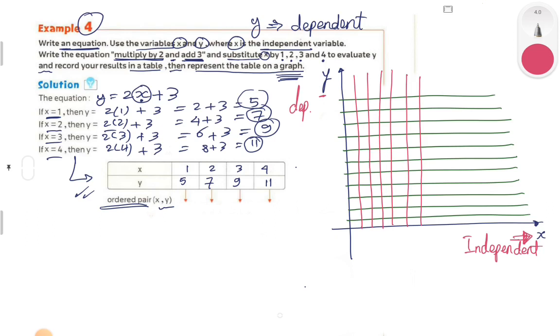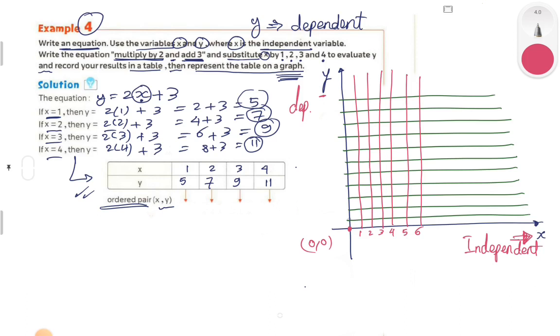Now we have the origin point 0 and 0, of course, but I need to write a number line. Start from 0, then 1, 2, 3, 4, 5, 6, and so on.